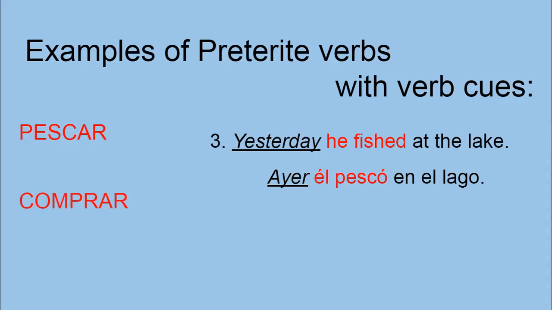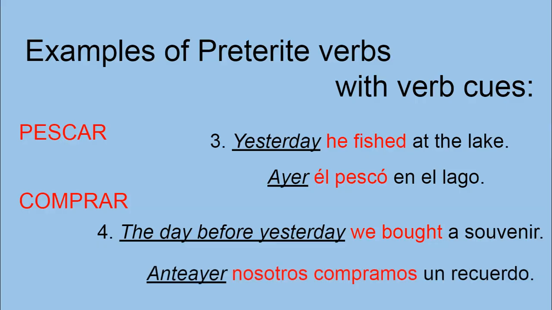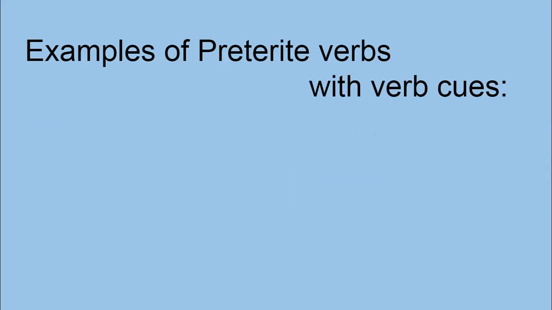We're going to do one with comprar. Comprar means to buy, so we'll say the day before yesterday we bought a souvenir. So past tense. So take a second, you write it. Anteayer nosotros compramos un recuerdo. Last one.